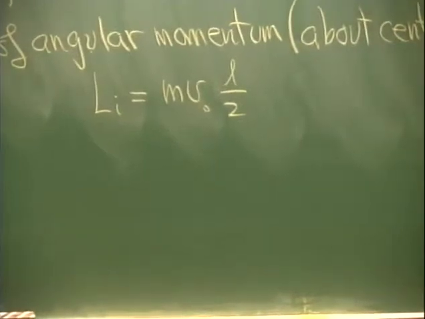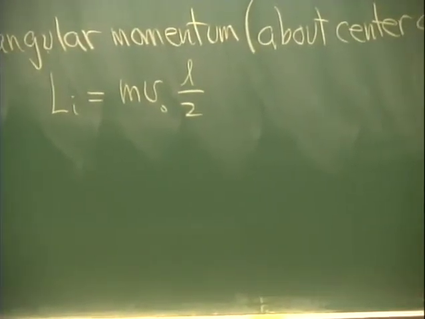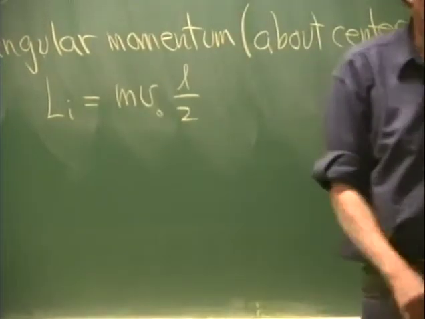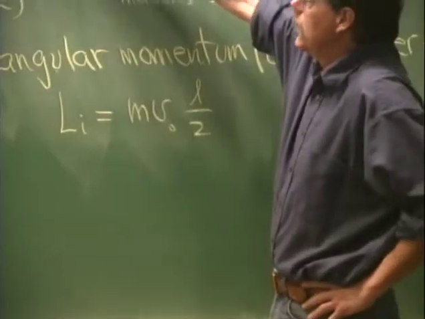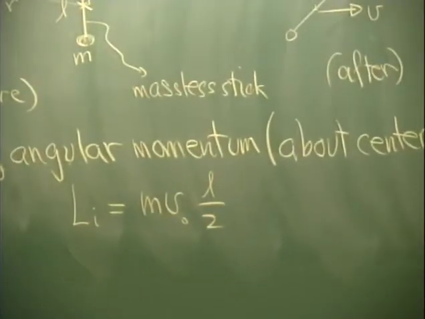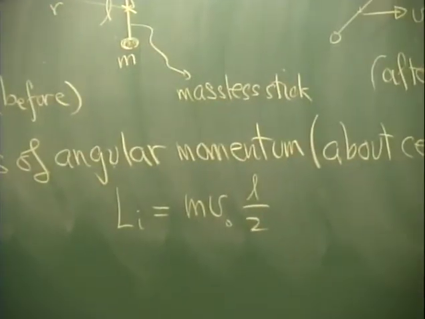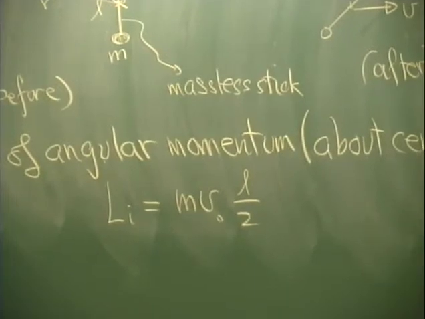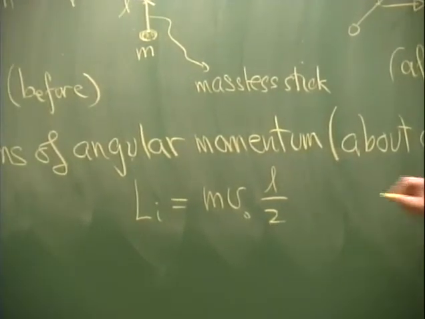In general, it's mv times the lever arm, though I'm trying to avoid saying lever arm, because to me that conjures up the notion of torque. I'm not talking about torque, I'm talking about angular momentum, but it's the same idea. Extend the line along which the motion is taking place, extend the trajectory, and then the angular momentum is mv times the distance of closest approach. Okay, that's the initial angular momentum.